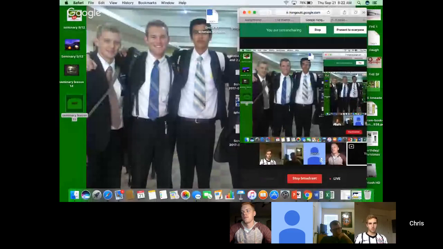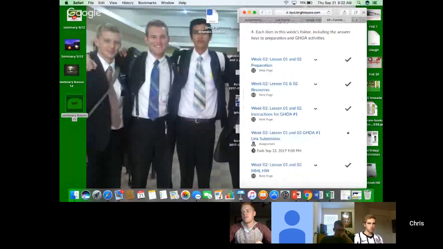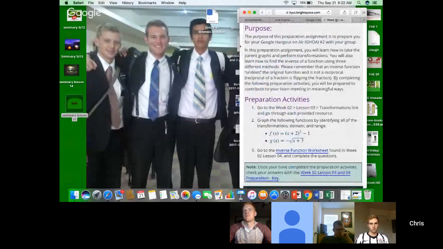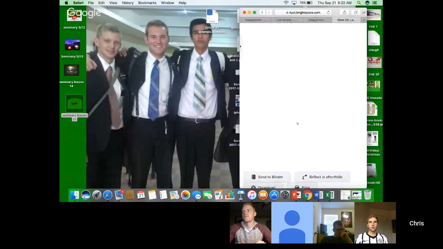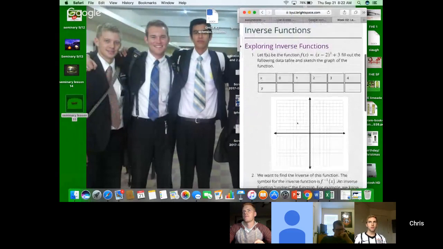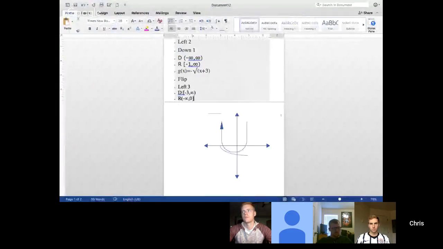What else did we have to do for that? Okay. Let f of x be the function f of x equals square root of x minus 2 cubed plus 3, and fill out the following table and sketch the graph of the function. All right. Maybe not.